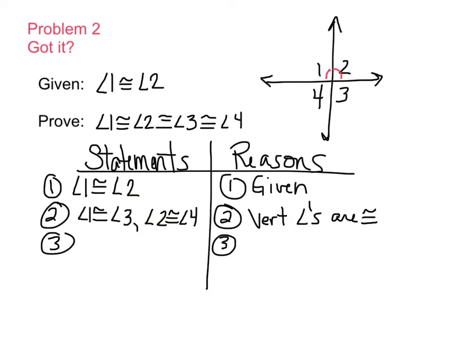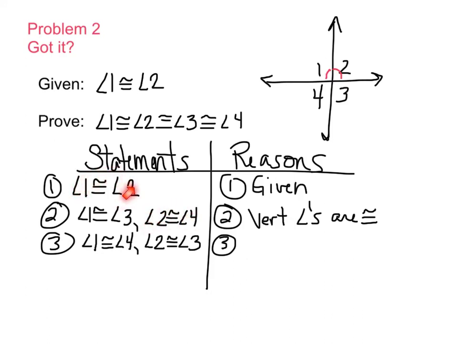So, let's keep going. We then can say that angle 1 is congruent to angle 4, and angle 2 is congruent to angle 3. And here's why. Our given was angle 1 is congruent to angle 2. We then know angle 2 is congruent to angle 4.